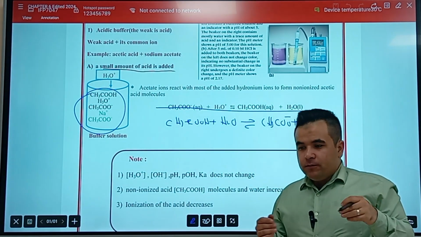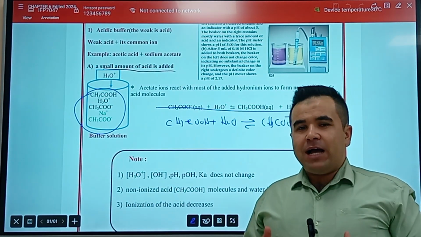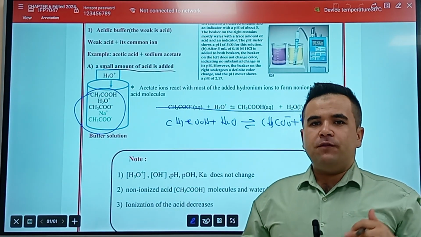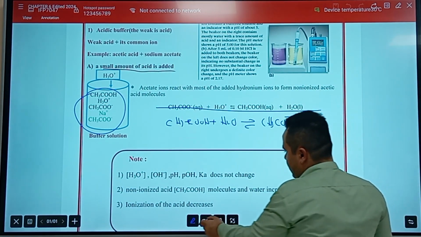And with its salt, guys, if the weak is acid, the salt must be basic. If the weak is basic, the salt should be acidic.